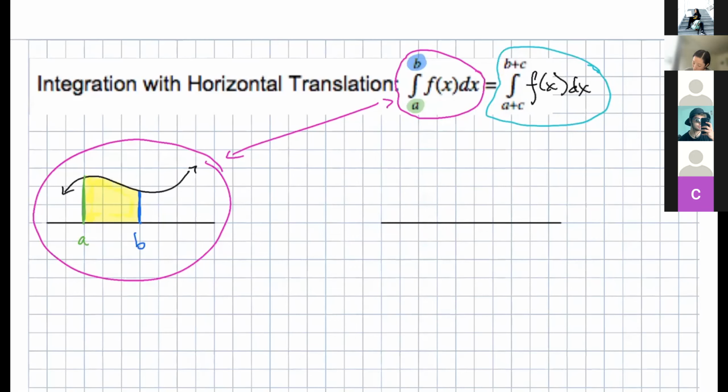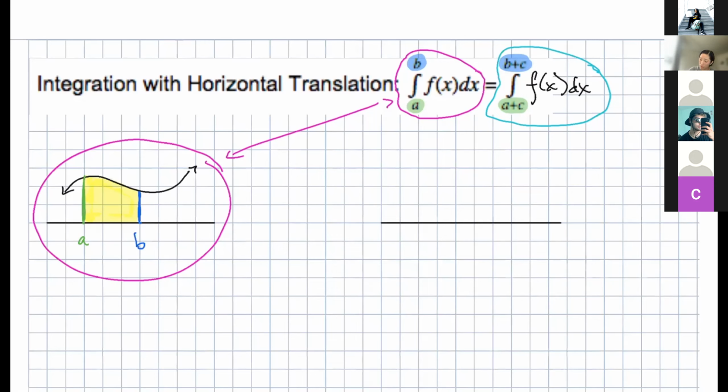If I have A plus C, this A plus C is my bottom bound, and this B plus C is my top bound, okay? So all I've gotten is A plus C on both regions, both the starting point and the ending point.